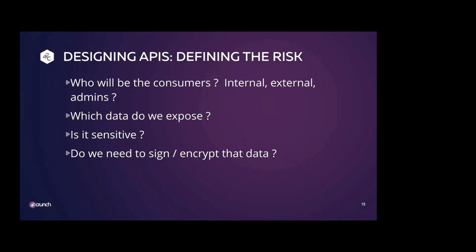And on the other end of the spectrum, in open banking, you would have a payment API that allows you to transfer money across bank accounts, right? So A, the bank account data and all its information is sensitive.